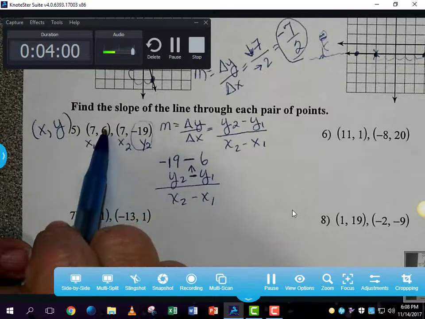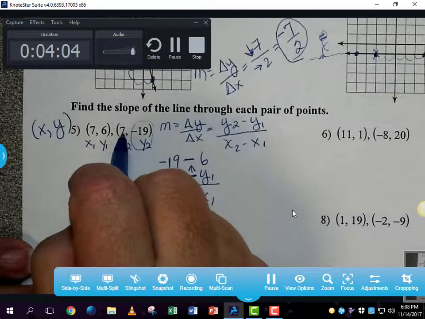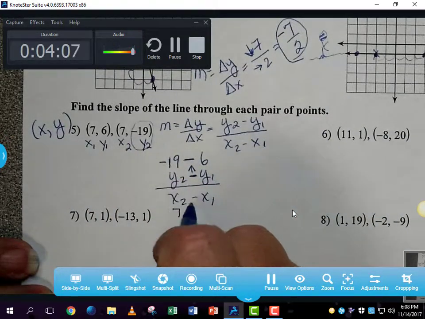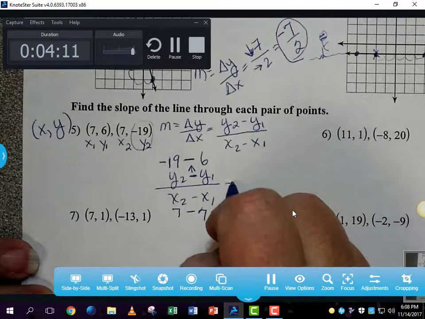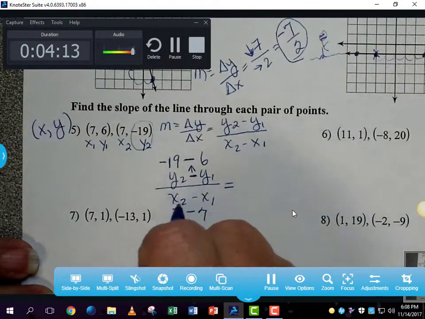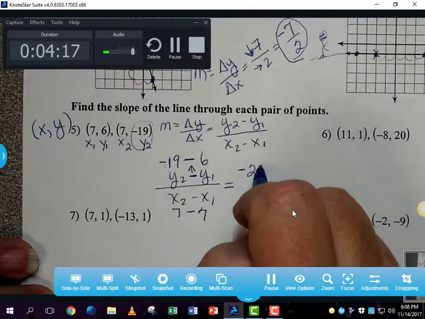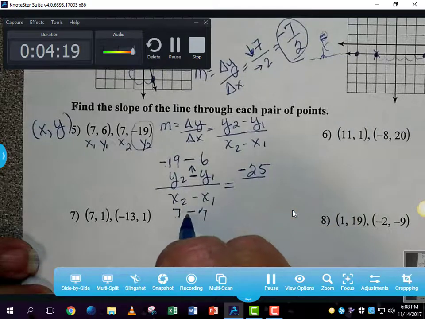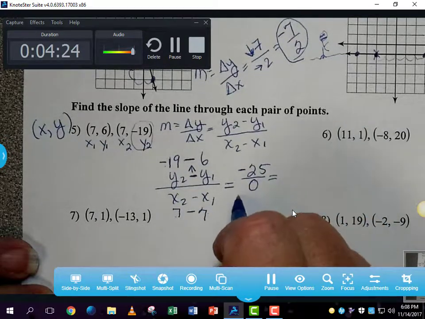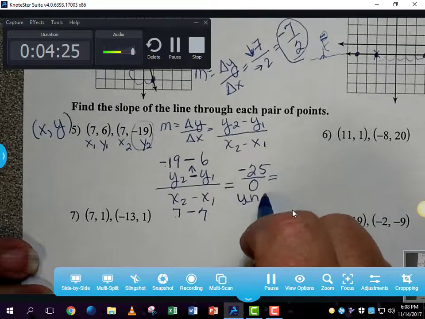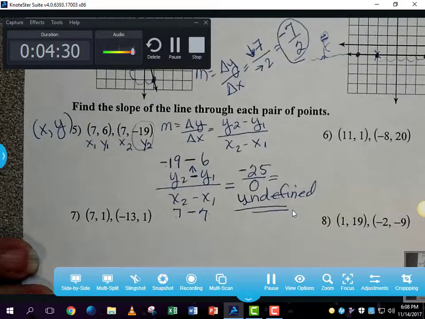Negative 19 minus 6 divided by x sub 2, which was 7, minus x sub 1, which is also 7. This is going to be the change in x. So negative 19 minus 6 is going to be negative 25. 7 minus 7 is going to be 0. I cannot divide by 0. That is undefined. Cannot divide by 0, undefined.